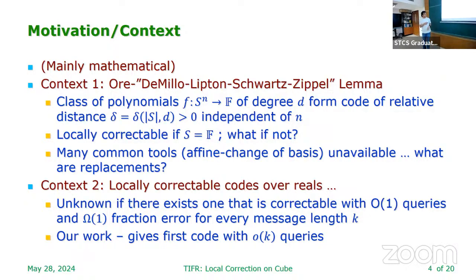We have not answered the question posed in the first bullet. But this is the first code which makes a number of queries that is less than the dimension of the code. The dimension of the code, you can imagine somehow managing to get with some luck, but doing better than that seems hard. So this is the first such result that I'm aware of.